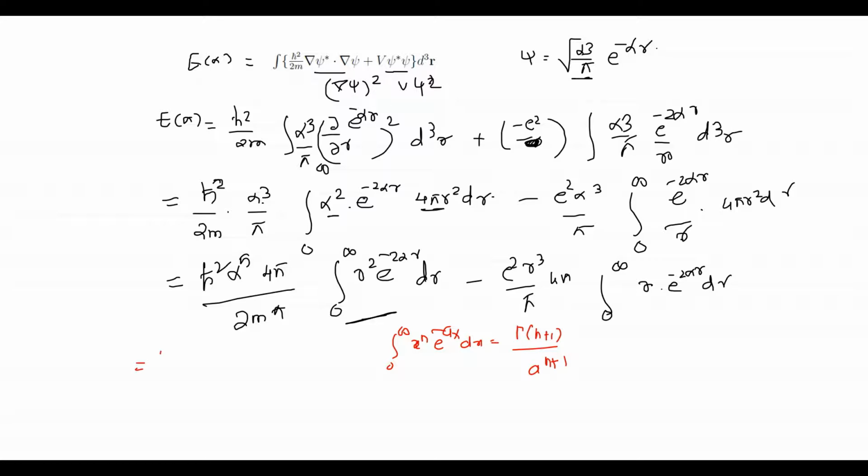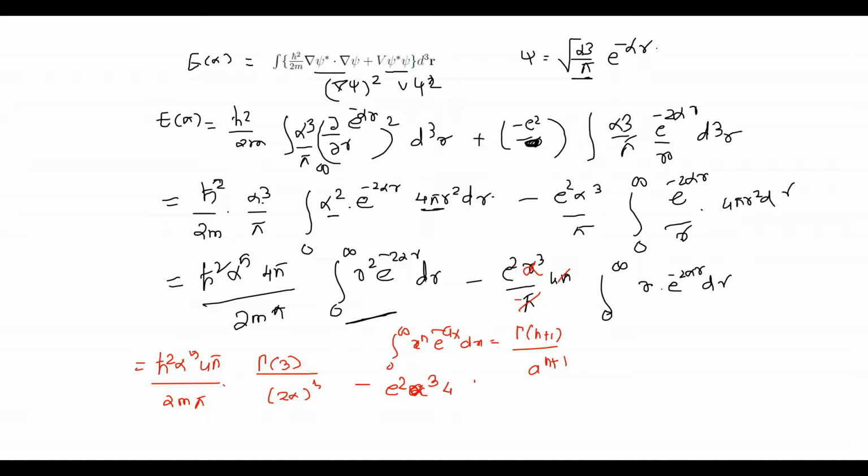So let us just use that. So 2m pi, and now this integral will be gamma 2 plus 1, that is gamma 3, divided by 2 alpha raised to 3, minus, now this part I will write down, e square r cube, alpha cube, this is alpha, e square alpha cube, this pi will get cancelled for now, into 4, and for this integration n is equal to 1 when you use this formula, and a is equal to 2 alpha.